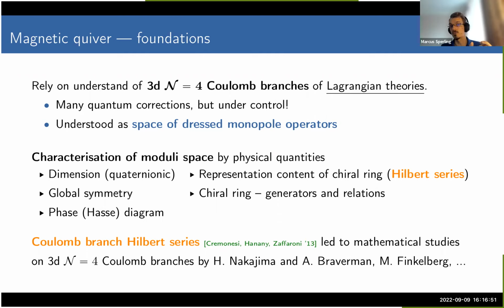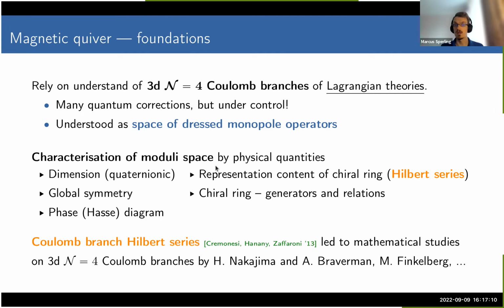And these operators turn out to be a very nice basis to describe the quantum corrected Coulomb branch. And once we appreciate this kind of approach, we can actually compute various quantities for this Coulomb branch. They range from very simple things like the dimension, which is just a simple number, to the global symmetry, which is still just a group.